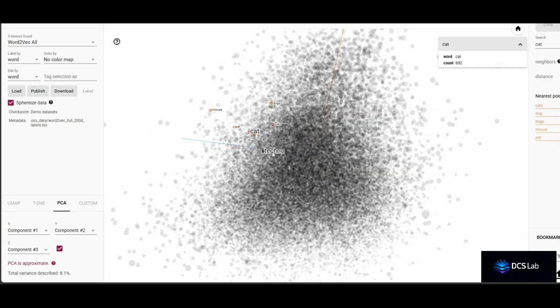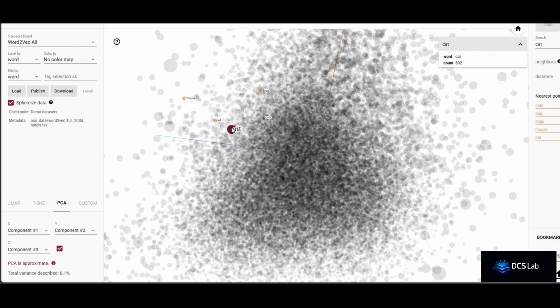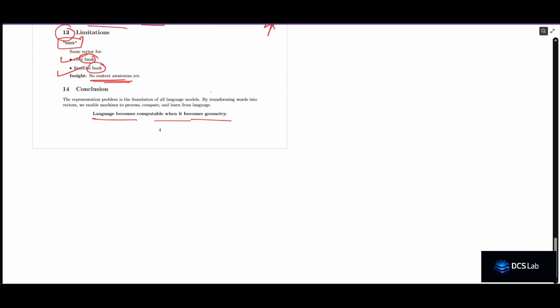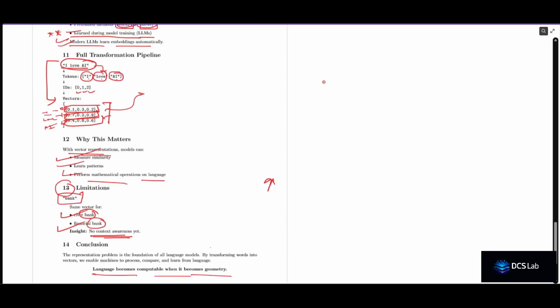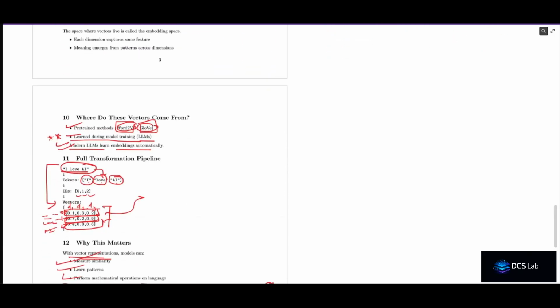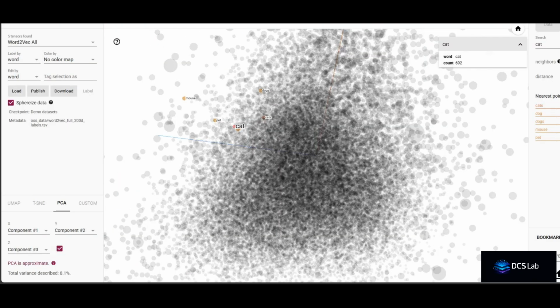You see, cat is the word here in this vector space, which has a dimension of 200. Remember, the dimension of this vector is 200, because when we were going through that particular document, we were assuming for simplicity the dimension of the cat was 3, isn't it? Only 3, d1, d2, d3. But now what we have is a vector of dimension 200.